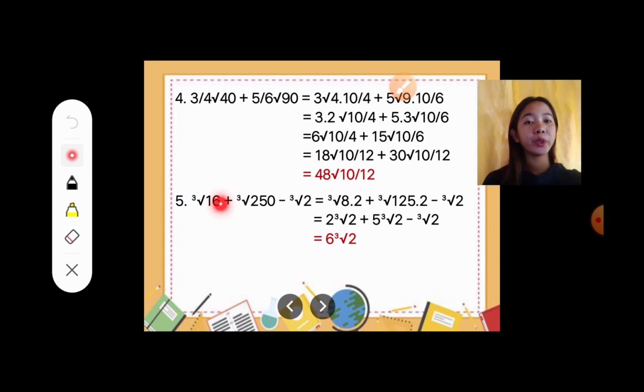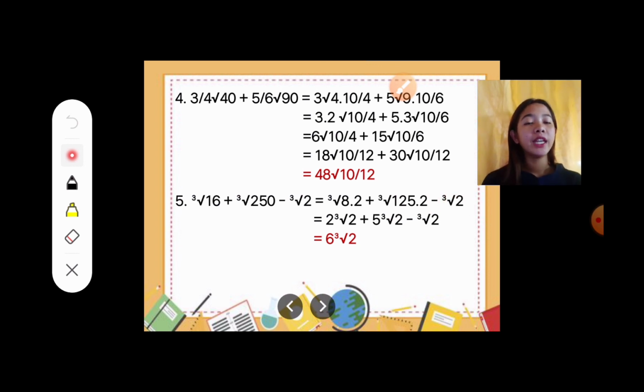So the cube root of 16, we need to factor. So we have cube root of 8 times 2 plus, we need to factor the cube root of 250 also. So we have cube root of 125 times 2 minus, just copy, cube root of 2.